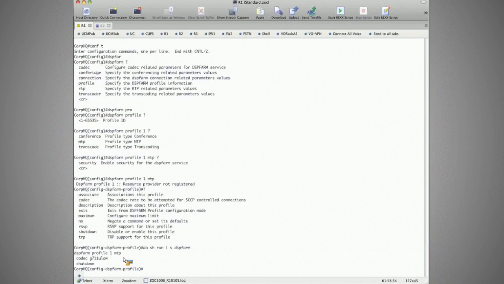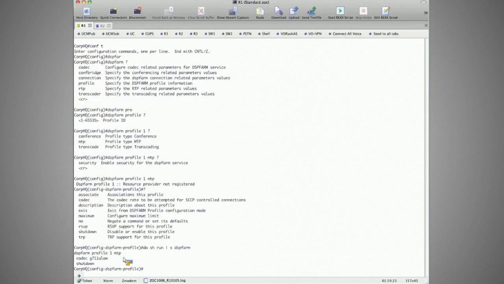So maybe for voice, G729, for instance, we might have a 20 millisecond sampling rate on one G729 stream and a 30 millisecond sampling rate on another G729 stream. So that needs a transcoder. Sometimes that can be done in an MTP if they're the same actual codec.